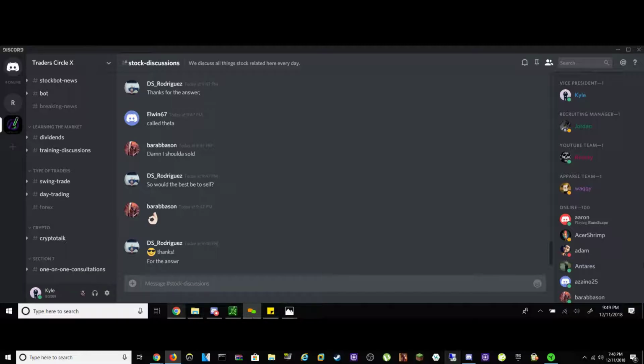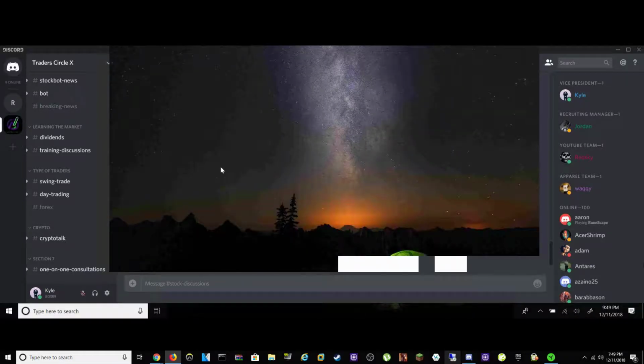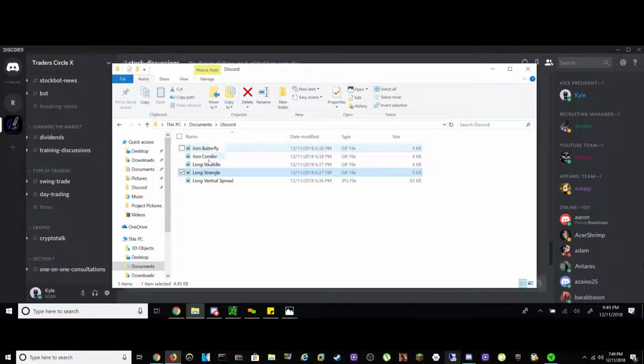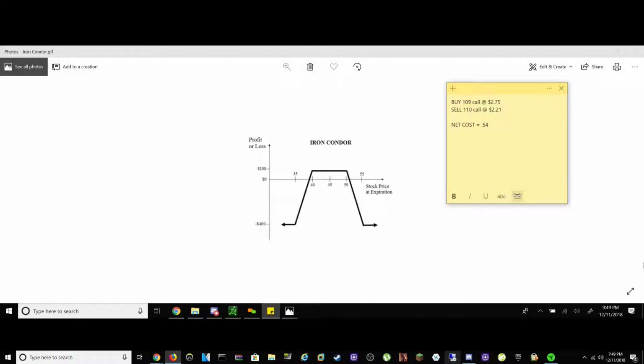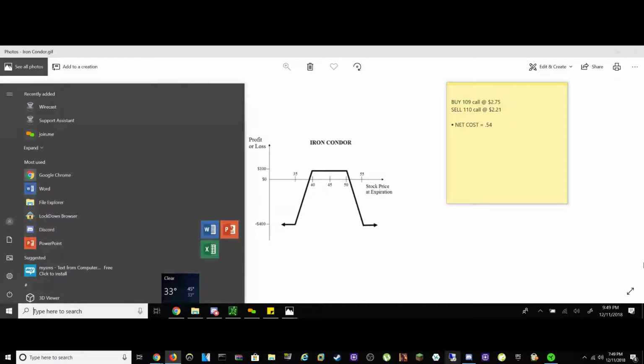So what that looks like, I wish I had a better example than this graph. This graph, I know it hurts to look at. I'm not going to go over butterflies today. I'm sorry, guys. But the thing about a condor, I'm going to see if I can draw on this. Let's see if I can. Hang on. Oh, I have paint. I do have paint.